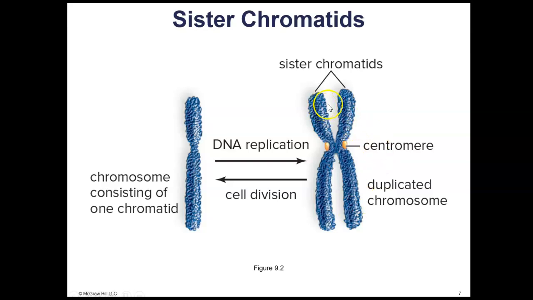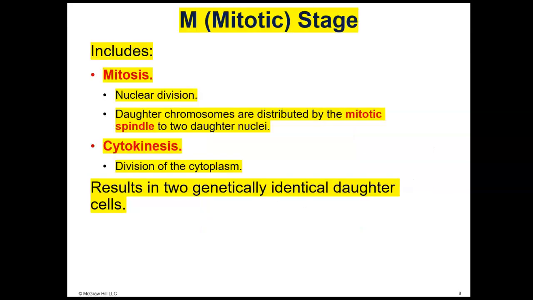So it contains two sister chromatids that are joined together at a region called the centromere. The entire structure is called a chromosome. And then after the cell divides, the daughter cells are going to have these single-stranded chromosomes with only one chromatid until they undergo their own S phase.